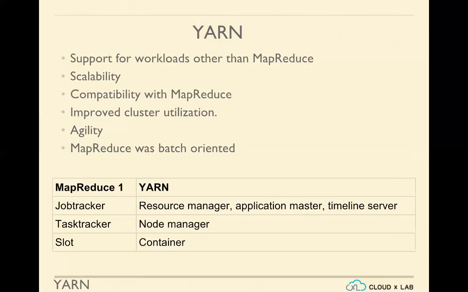So a question from SP: is Yarn a replacement of MapReduce? Not really. MapReduce 2 runs on top of Yarn. So you can say that Yarn plus MapReduce 2 was a replacement for MapReduce 1.